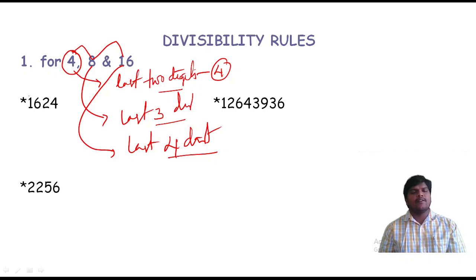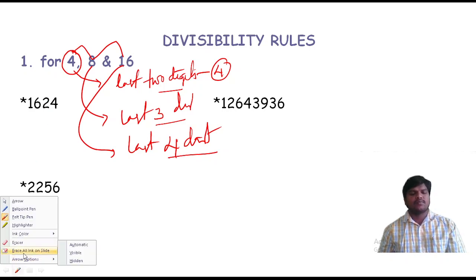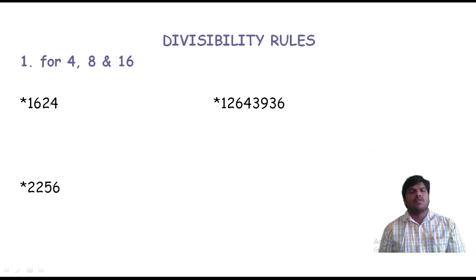Okay, here the number is 1624, whether it is divisible by 4 or not. If we check the last 2 digits, 24 is exactly divisible by 4, right? 4 sixes are 24, so 1624 is also divisible by 4.